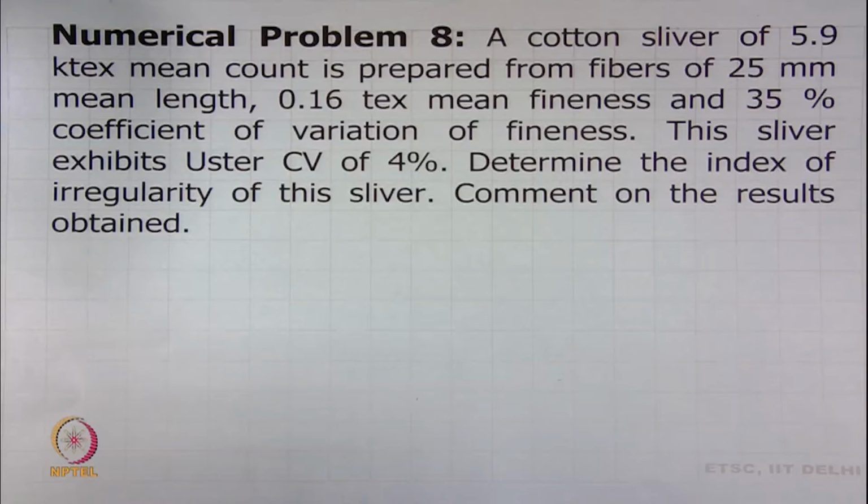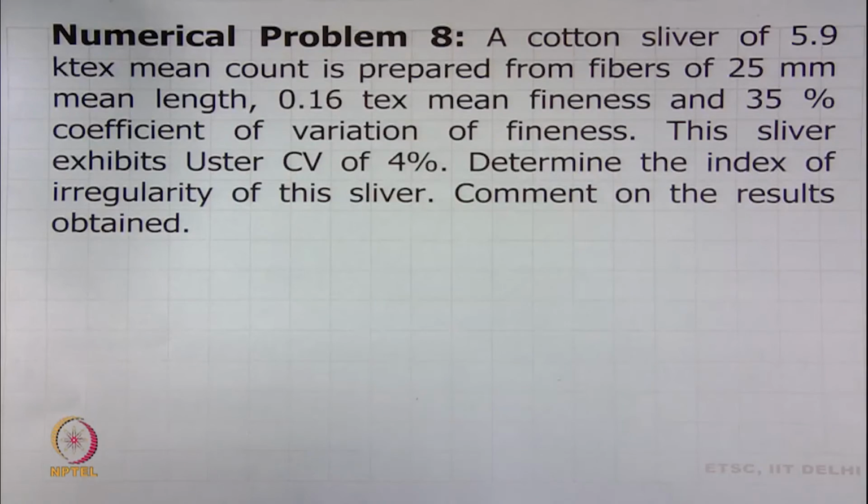This sliver exhibits Worcester CV of 4%. Determine the index of irregularity of this sliver, comment on the results obtained. So, this is your problem number 8.